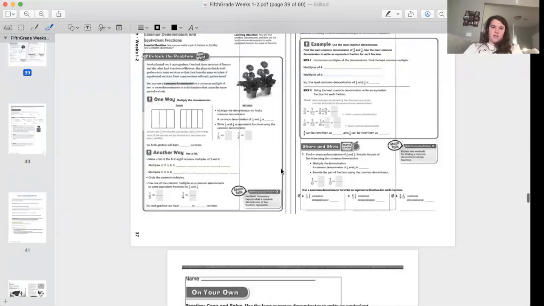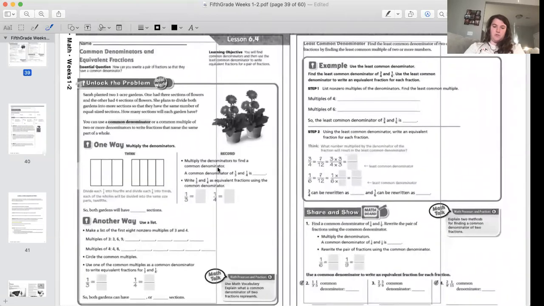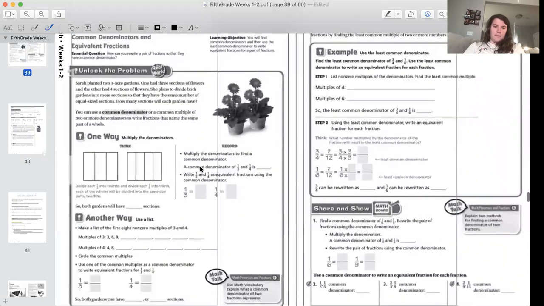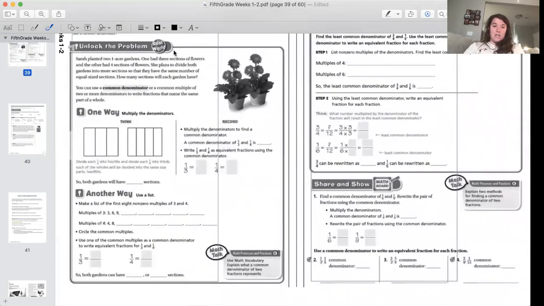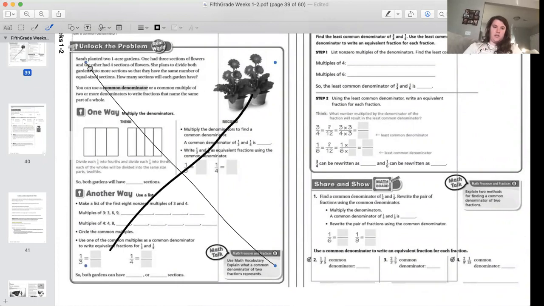All right, for math today, we are going to try to finish up the math in the packet for this week because I want to do a different lesson with you tomorrow. Honestly, I'm going to have you skip some of this stuff because we've been practicing it a lot anyway. So you can go ahead and cross out this first page.